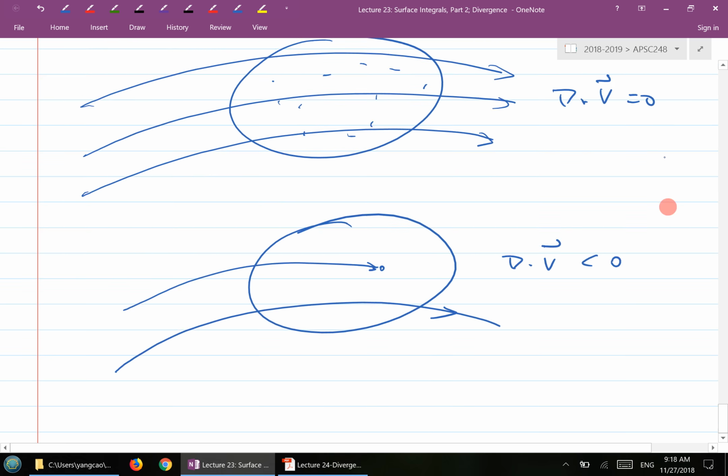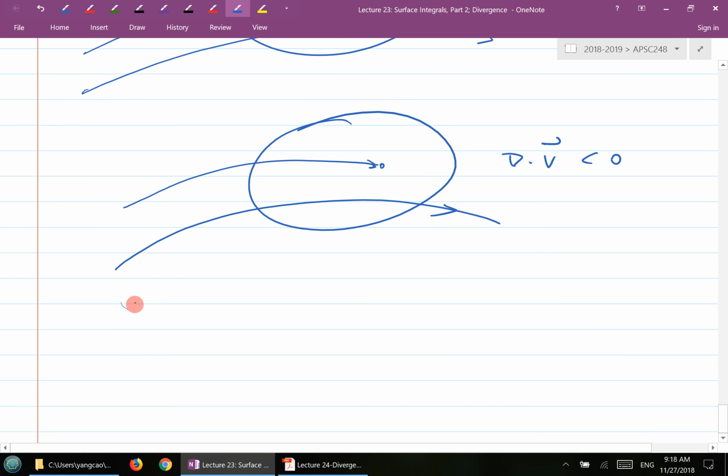Yeah. And the other thing, before we finish here, there are two important formulas, very easy to prove. So we can show the following two identities.